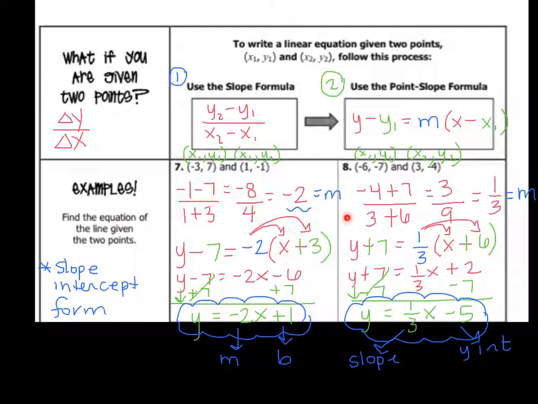Okay, so you can use the formula if you prefer, or you can use the change in y over the change in x. Reduce your slope. Step 2, utilize your formula. So you just substitute the values in that you've already labeled. Okay, we have x1, y1. Just put those in your formula. We have m. Just put it in your formula. And then the last step is to solve for y.